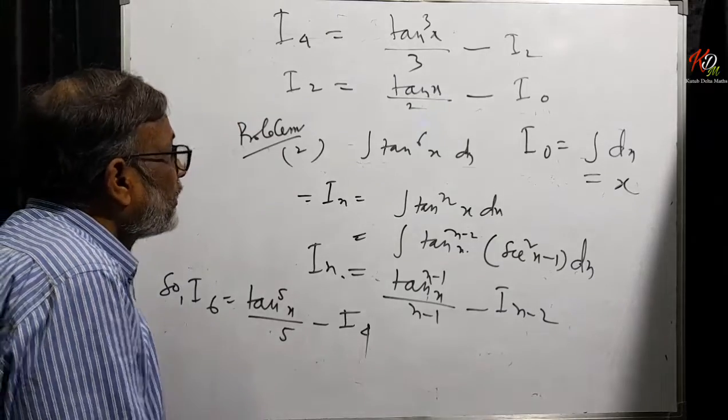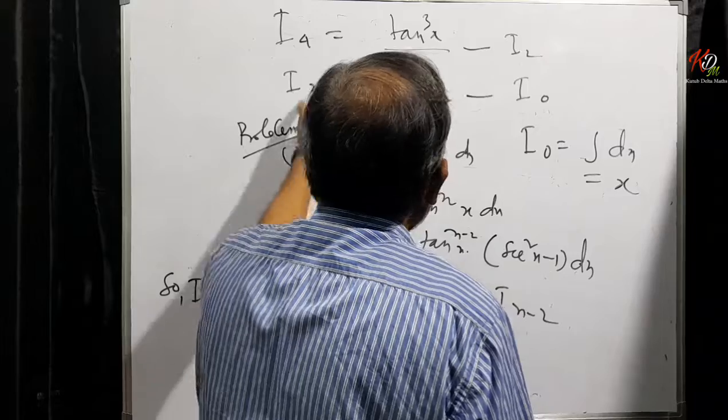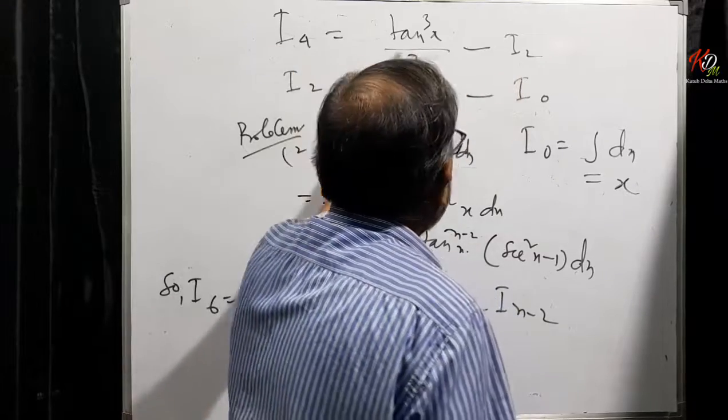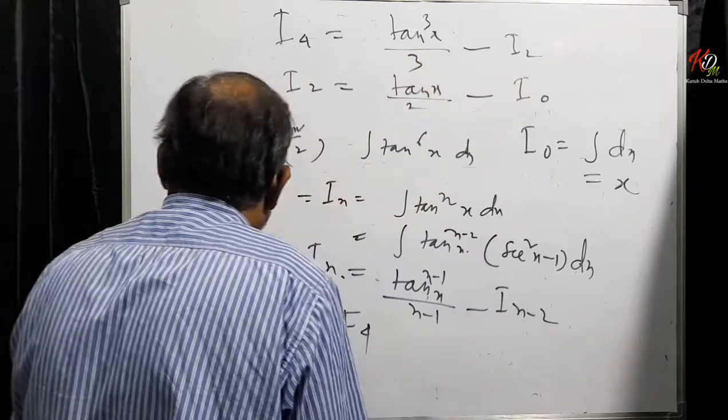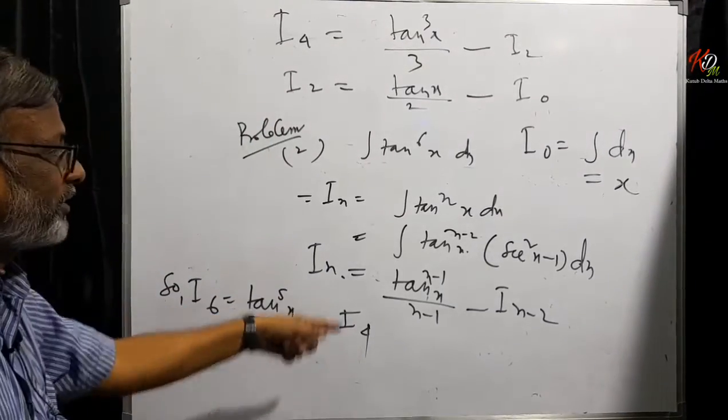Like before, putting the value of I 0 equal to x here, then I 2 here, then I 4 here, finally we can obtain I 6.